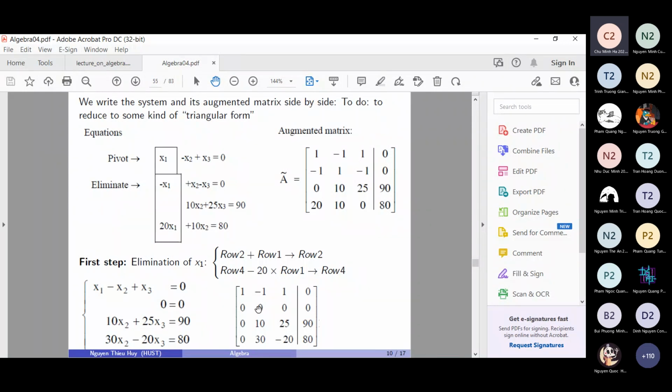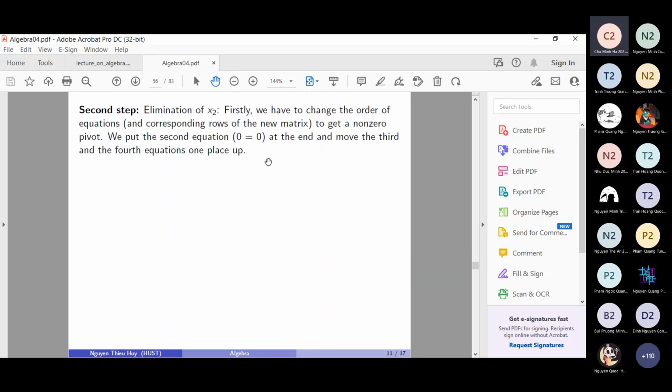You cannot use 0 to eliminate any other entry. So we have to change this row, put it at the bottom of the matrix, and push the third row and the fourth row one step up.